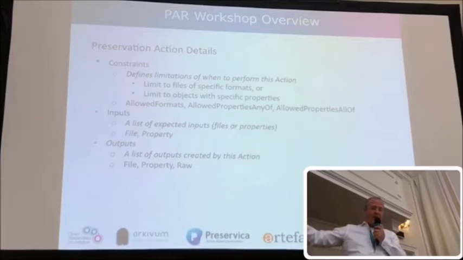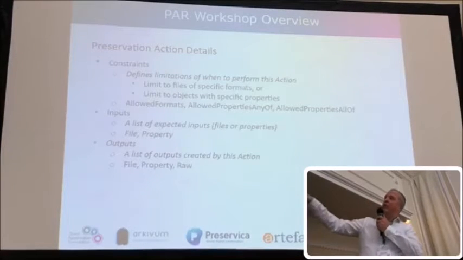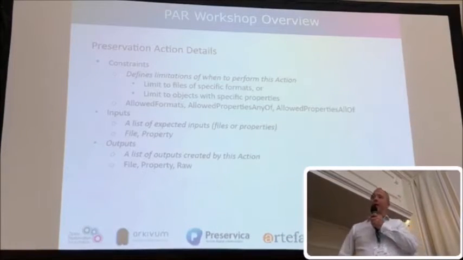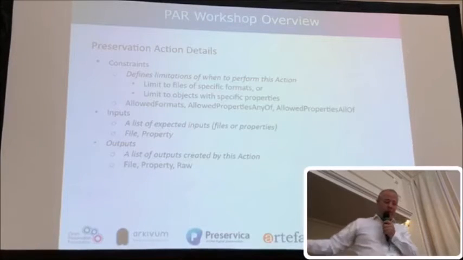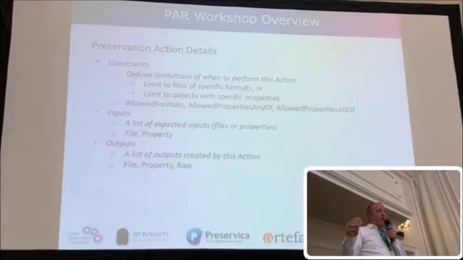And then the inputs and outputs are basically what's expected or required in order for the tool to be executed correctly. The inputs can be, you expect to pass in a file. One example is the file that I'm actually performing the preservation action on. So if I want to validate a checksum for a file, an input is the file I'm going to validate the checksum for.